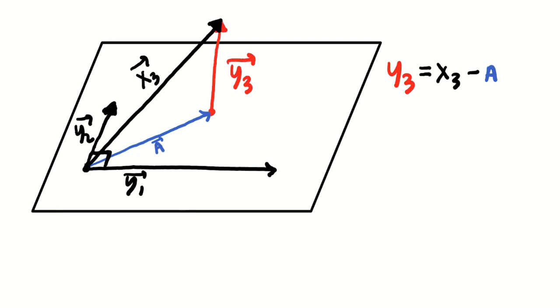But what a actually is going to be is the sum of the projections of x3 onto y1 and onto y2. So let me hopefully draw you a picture of that. Let's draw a picture of the projection of x3 onto y1 in green.